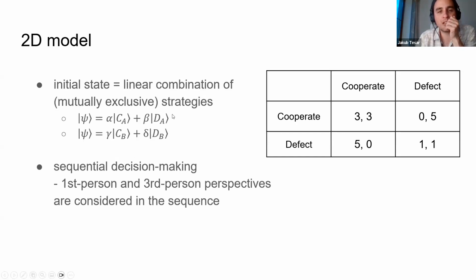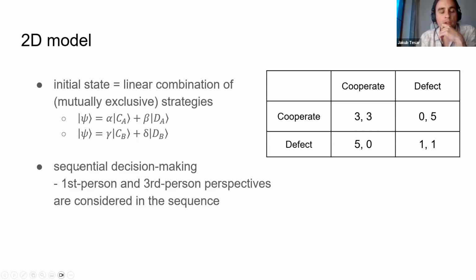this representation in 2 different bases would lead you to think about sequential decision making, because if you ask what is the probability that the actor will cooperate, you will project it into this basis. But if you ask what is the probability that the opponent will cooperate, you will project the initial vector into another basis.